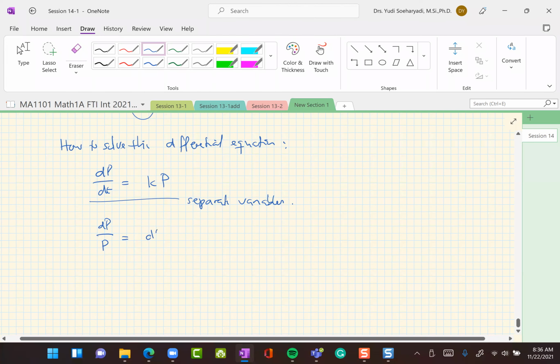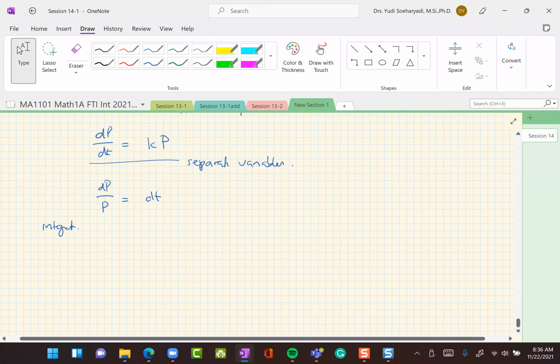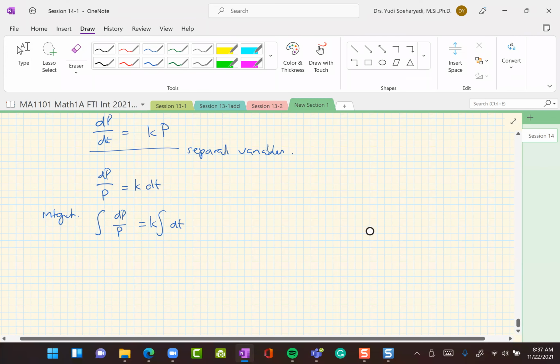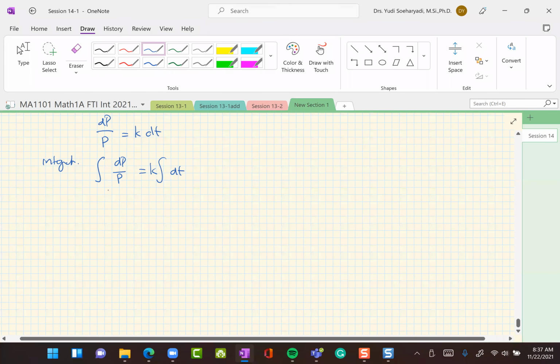And let's integrate. This just gives you ln of P equals kt plus c, putting the constant just once.